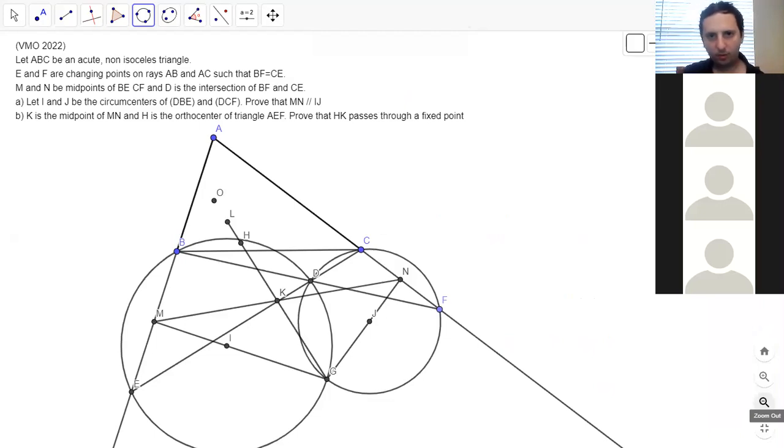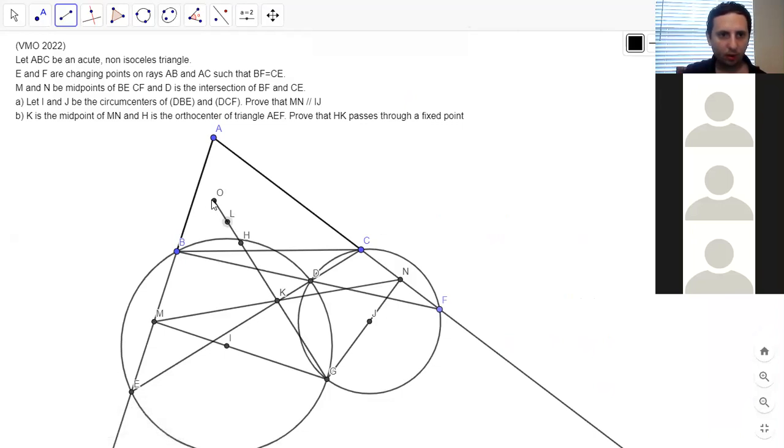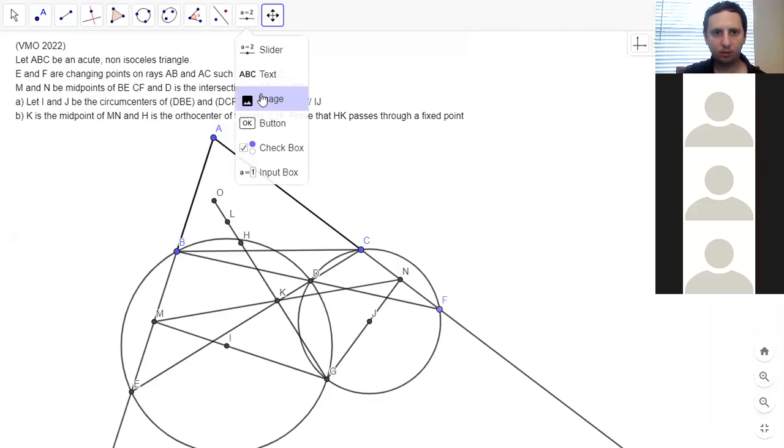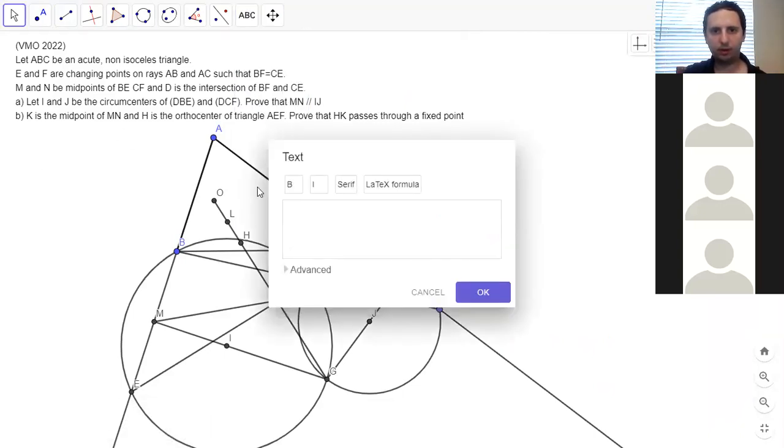Okay, so we have the orthocenters of ABC. All right, let's see. So we have the orthocenter of ABC. What are the other things, so AMN, right?